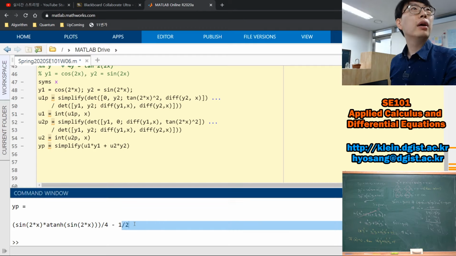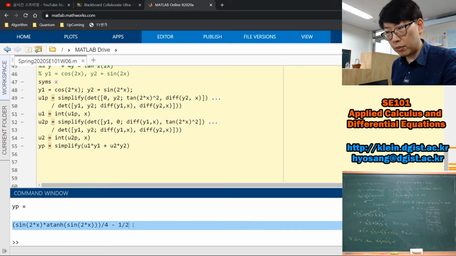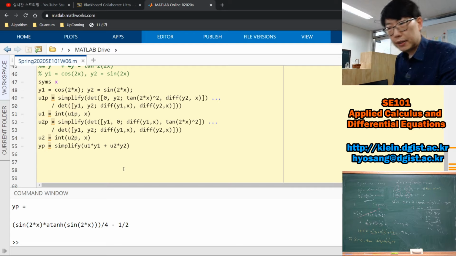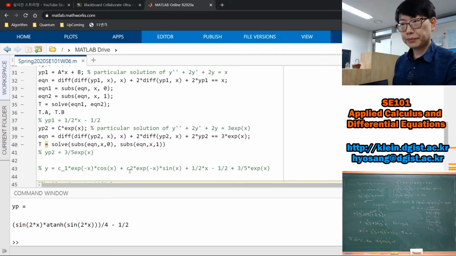So minus 1 over 2, and I think this part is something like a log of something if you replace your arctangent hyperbolic tangent with some log functions. So this is another form of the solution, just using different functions.